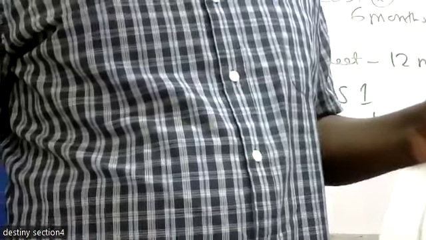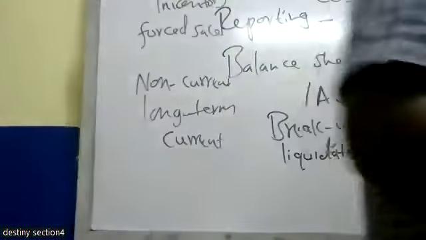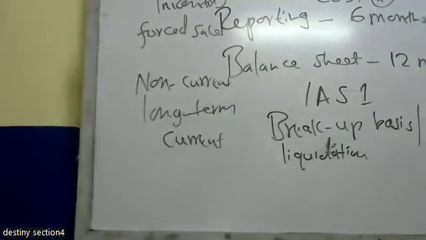So we can just have a summary of those procedures. One, review the indicators of going concern problems, if any.